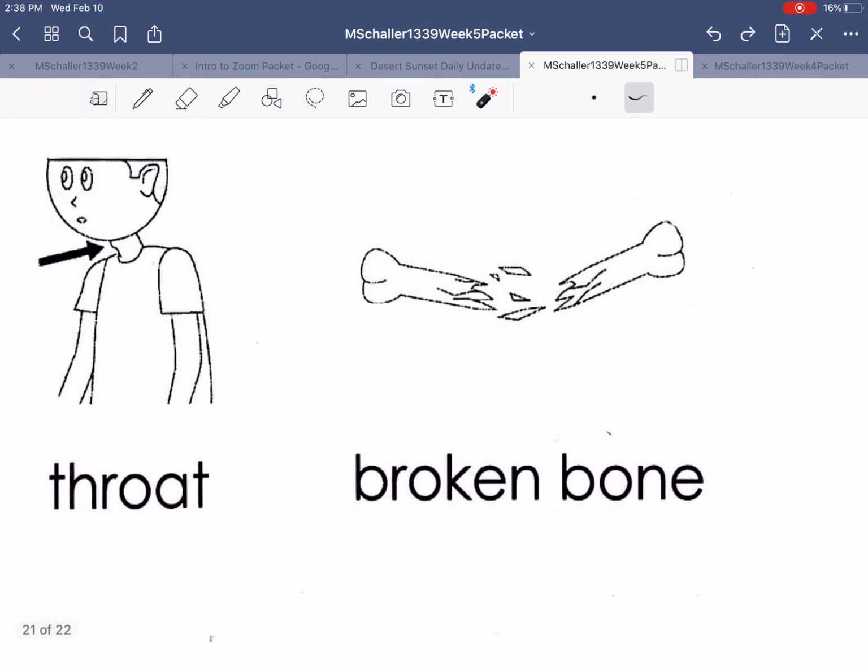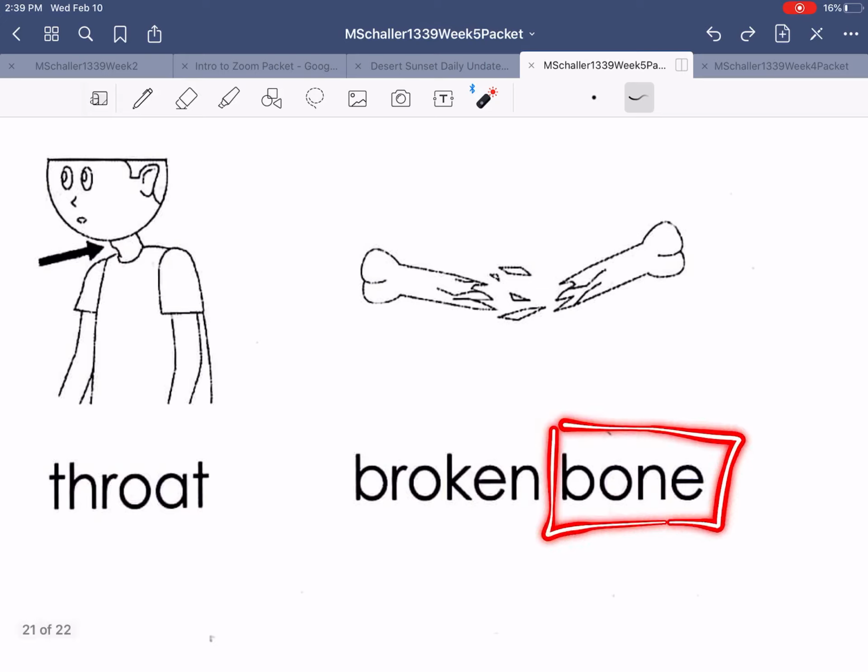Same with this one. Here we have, this would be a bone. Not very good, but that's a bone. This is broken. So here, broken. You have the O and the E with the K in between, so it is broken. If there was no E, the O sound ah, brocken, but with E, broken.